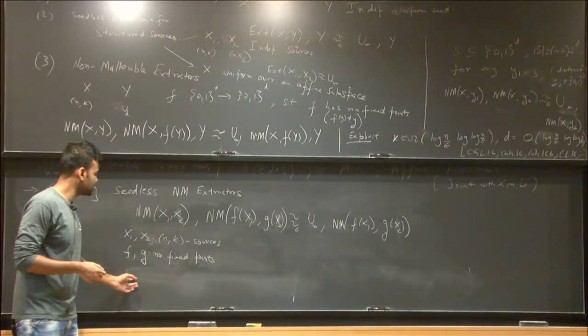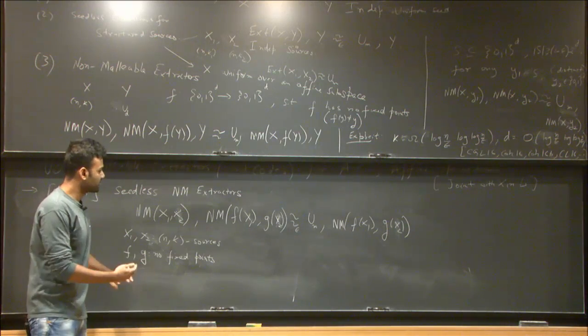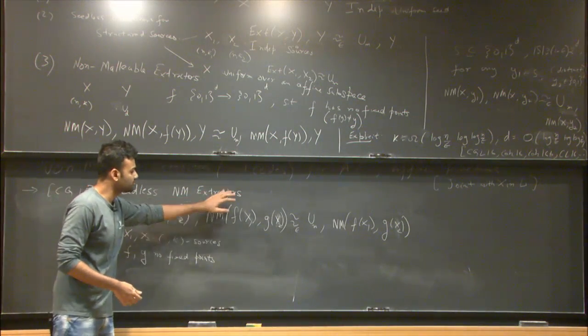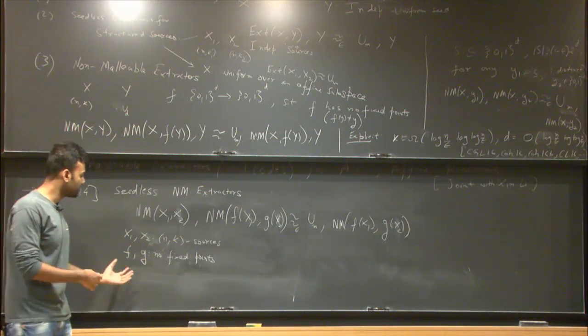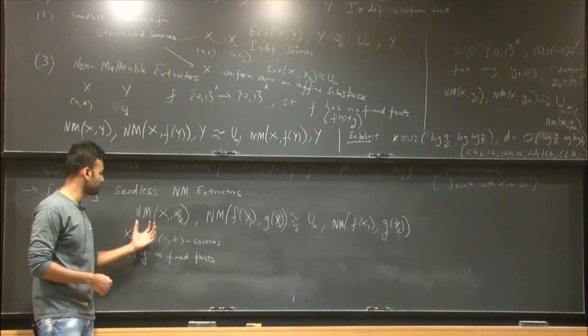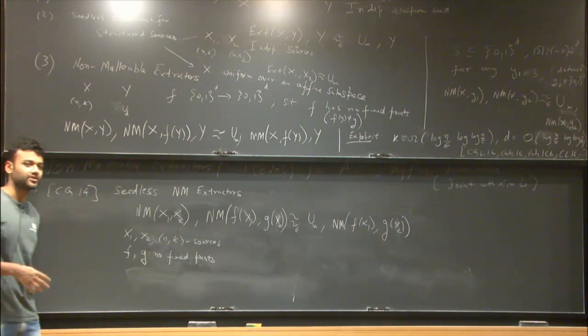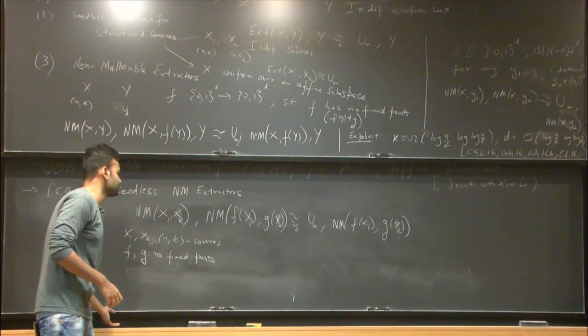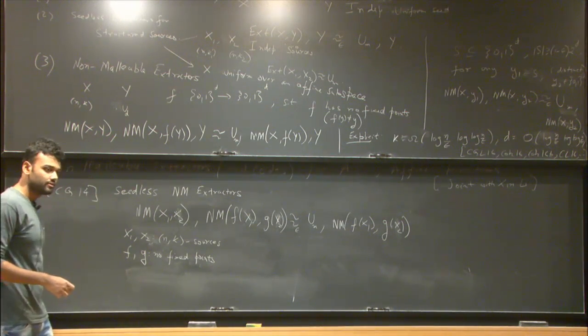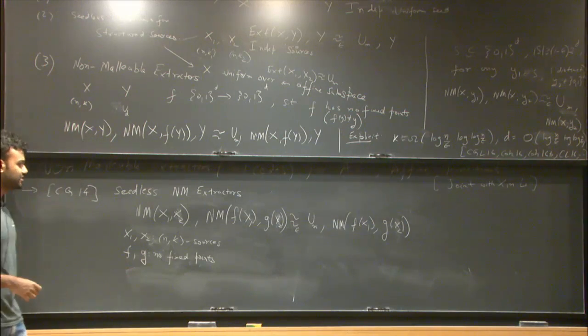In this application, one has to deal with fixed points to get the codes. But you can trade off fixed points: if you have extractors for slightly lower min-entropy, then you can deal with the fixed points. So we can stick with this definition.